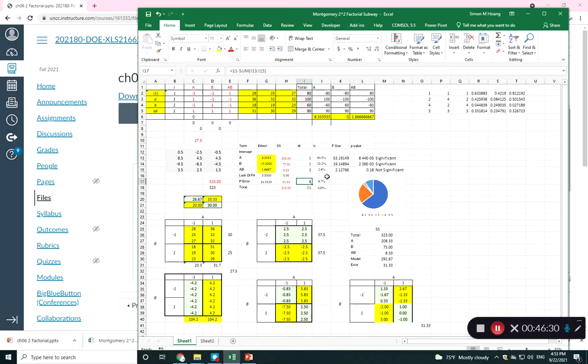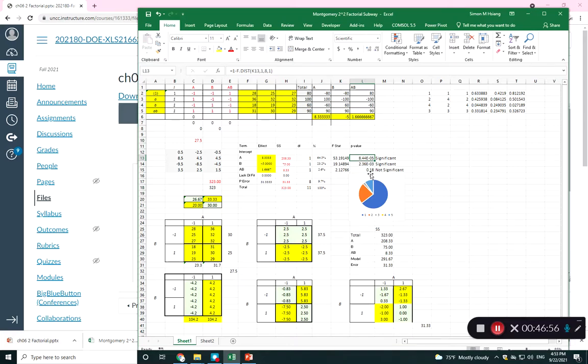So far so good. And here I just have a percentage, a bar chart or pie chart, showing that for the A effect and B effect, which one chewed up a lot of sum of square? A, right? And can you also have your F statistics done, and then find your p-value?